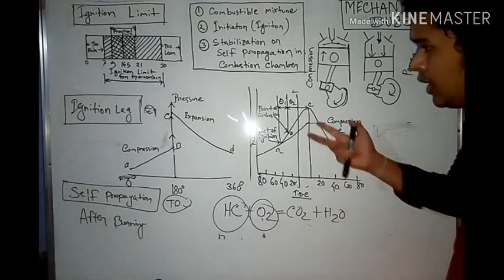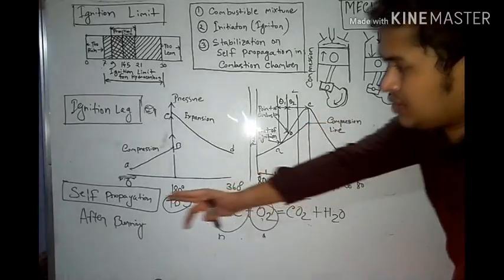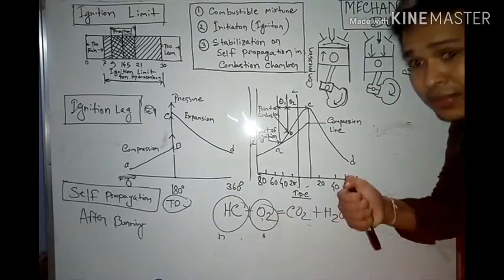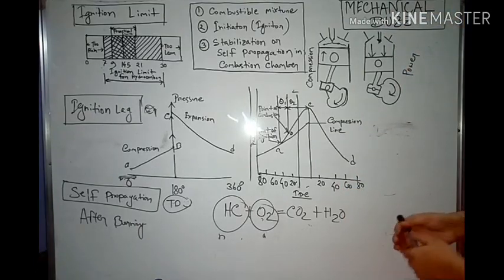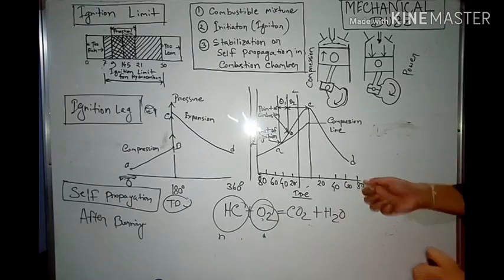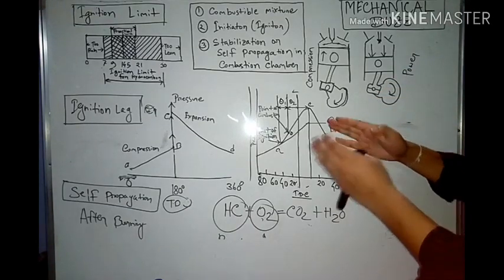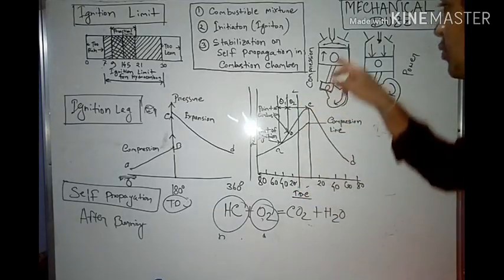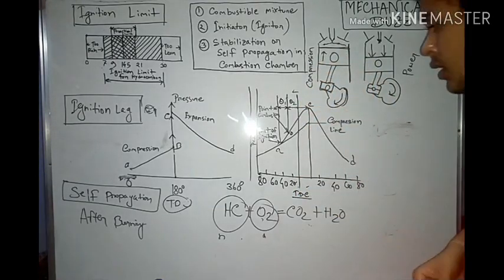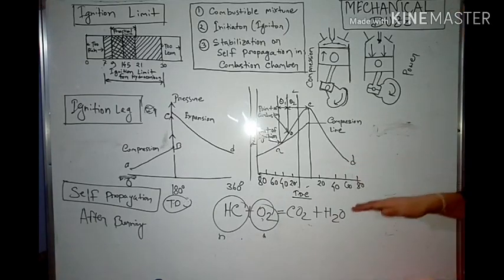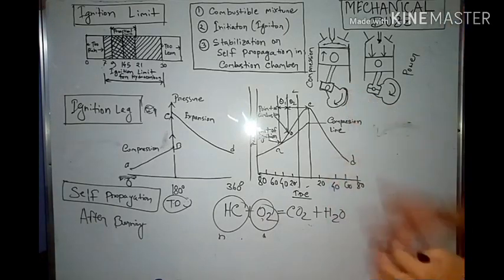Okay, now the second stage, as we have said, is the self-propagation. When the combustion takes place, the nucleus flame, as I have said, which started by taking the heating value from the spark plug spark, now spreads that flame all over the combustion chamber.